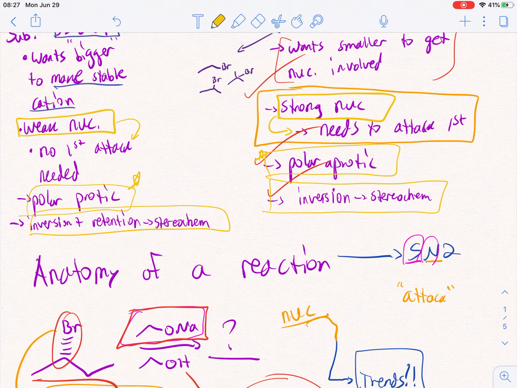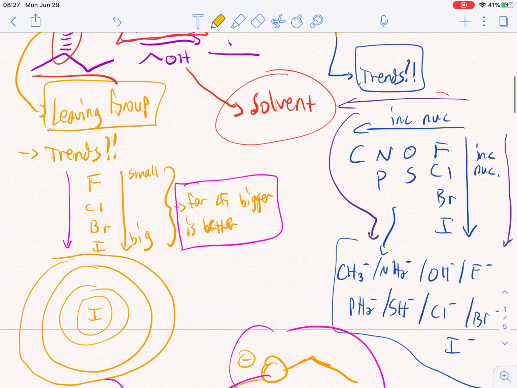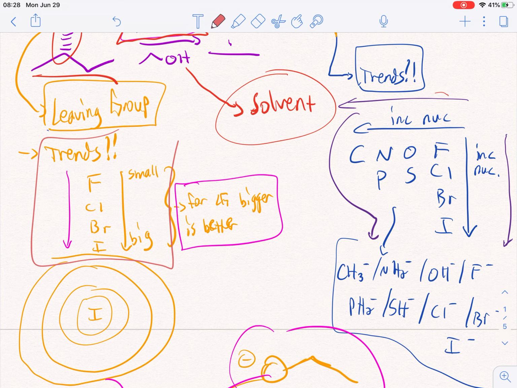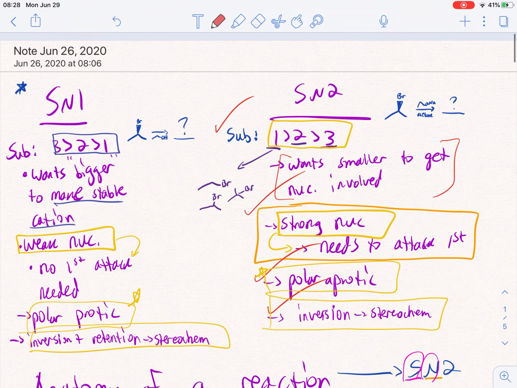But I will bring them up because the solvent will actually affect the trends. But these trends you need to be aware of. So I apologize when I said the trends stay the same. Some will be the same, but for the most part, depending on the solvent, especially these, for example, these ones will flip a little bit. Anyway, that's SN1 and SN2.